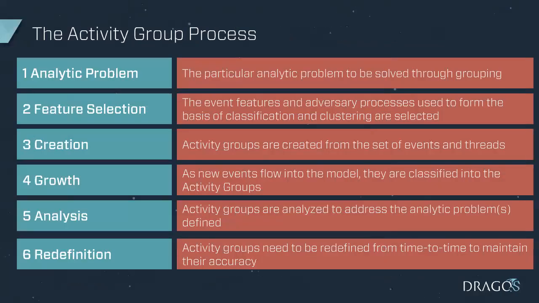So creating an activity group, right? This is the activity group life cycle, the process. First thing is you've got to figure out, why am I grouping something? Sometimes analysts, when they start grouping things, don't answer this question consciously. It's an unconscious process of just linking things together that look similar. But then the next step becomes much more conscious: what features are you going to select to group on?